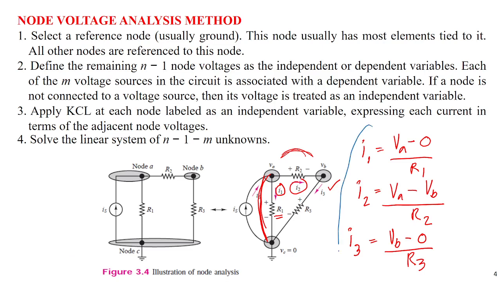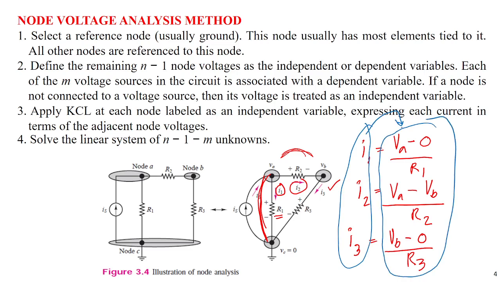We write current in voltage form, because we know R1, we know R2, we know R3. We know the resistances.